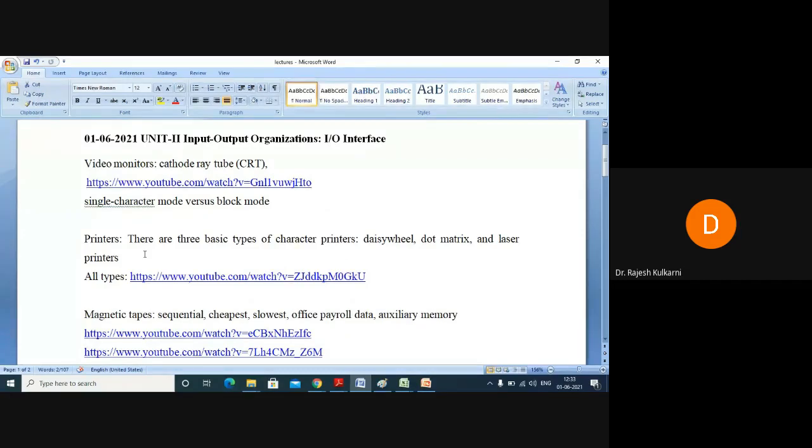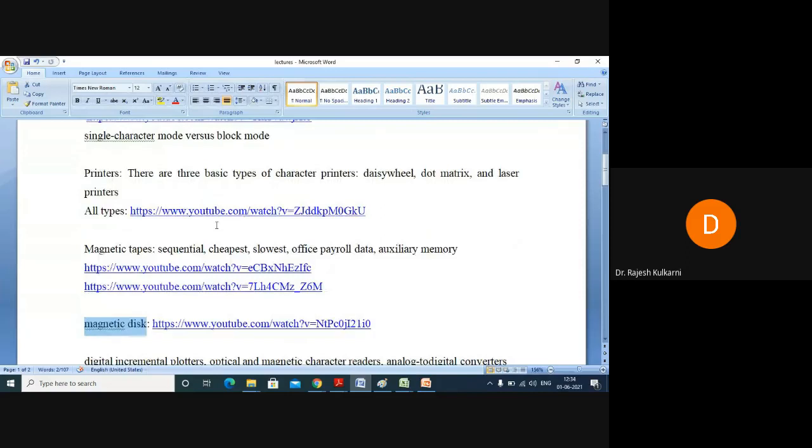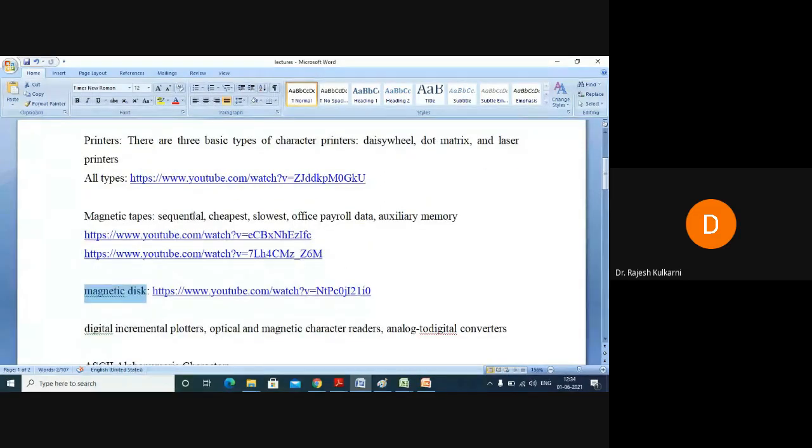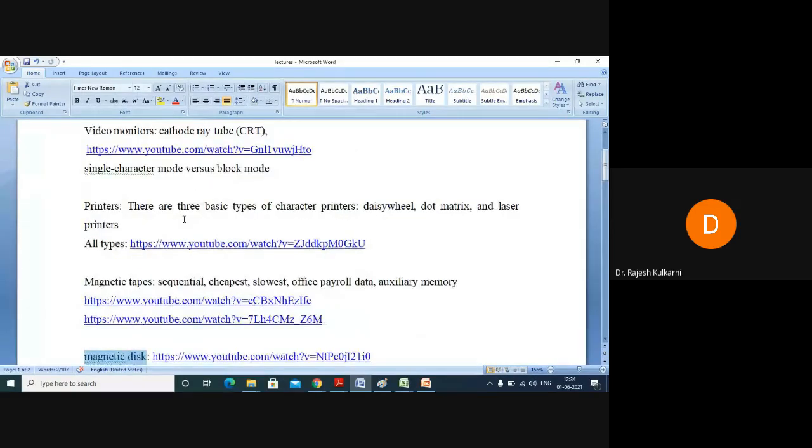If they are online single connected devices, they are all called central devices. Like a CPU is a central device, and all these other devices like printers or monitor or a hard disk or CD or magnetic tape are called peripheral devices, or input-output devices. These are the external devices of the computer.